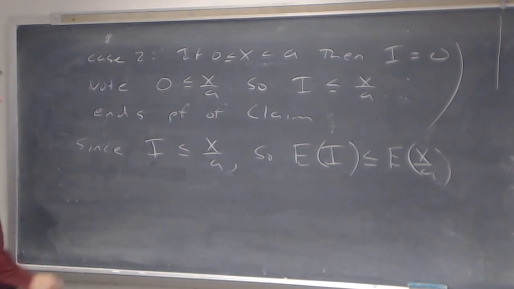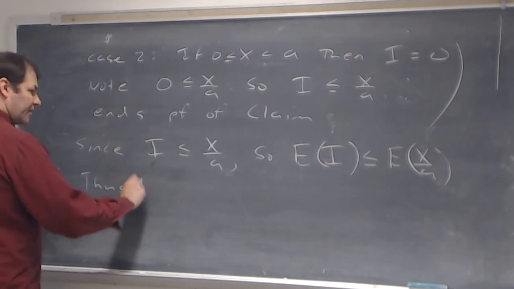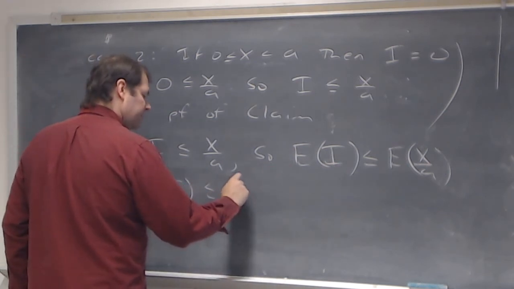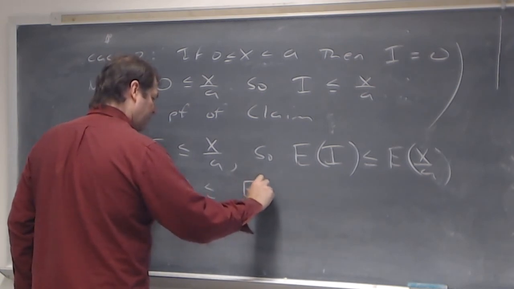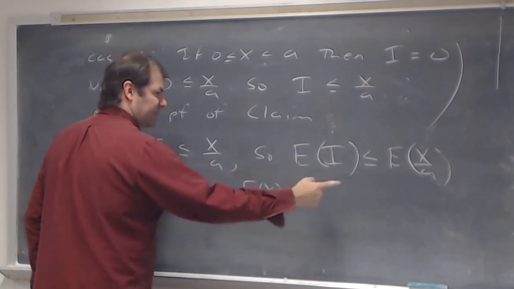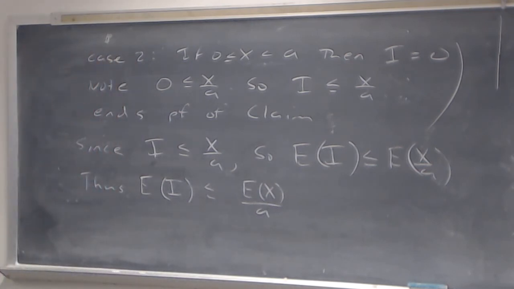Thus, we have that the expected value of I is less than or equal to, well, a is a constant, so this ends up being the expected value of x over a. You can just think of this as 1 over a times x, where you can pull out the constant.